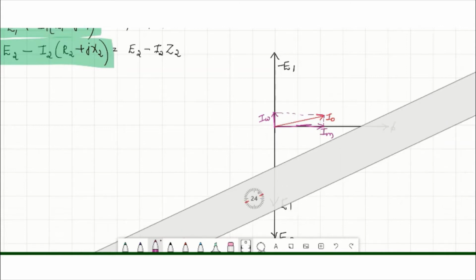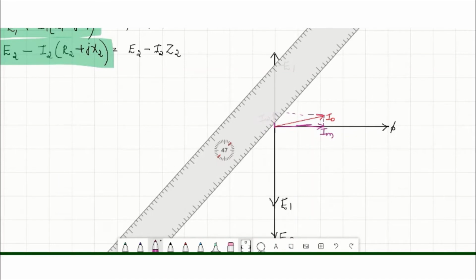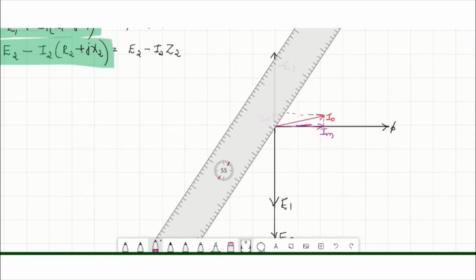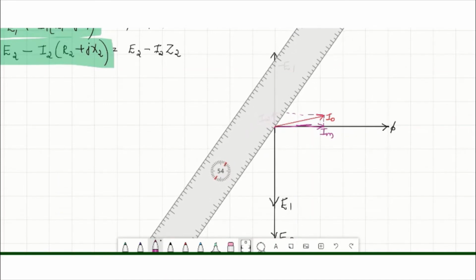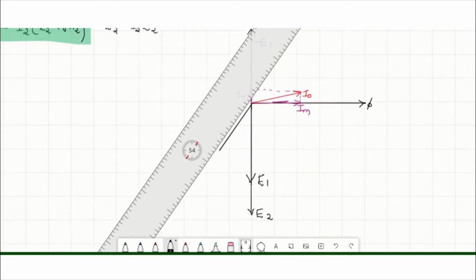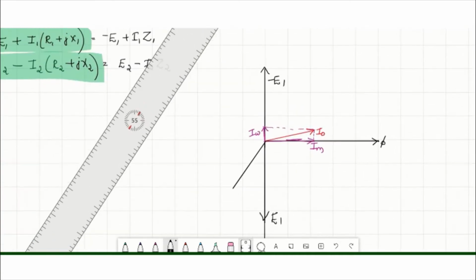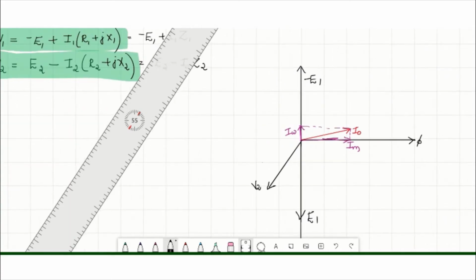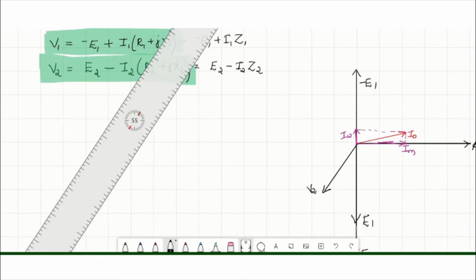Now draw V2, load voltage across the load. I am drawing V2 like this. Now we have to draw I2. So before drawing I2, check the load.